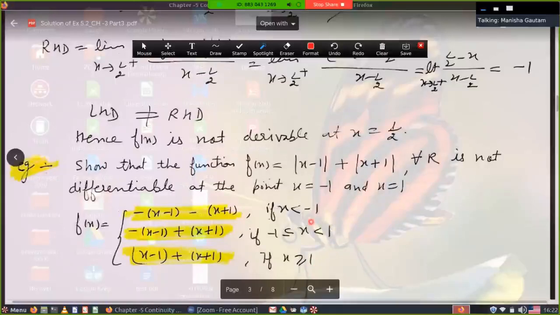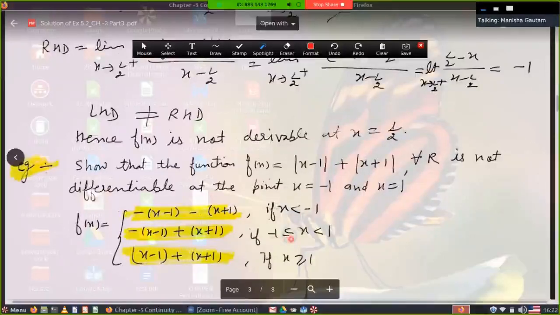Now you have to check the value of mod of x minus 1 when you are taking values from the interval x less than minus 1. This is negative, the first one. The second is negative too, you can check it by putting in values. So it is minus of x minus 1 and minus of x plus 1. Simplify it, and you will get the function when x is less than minus 1.